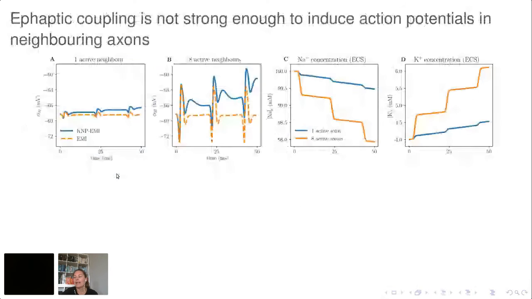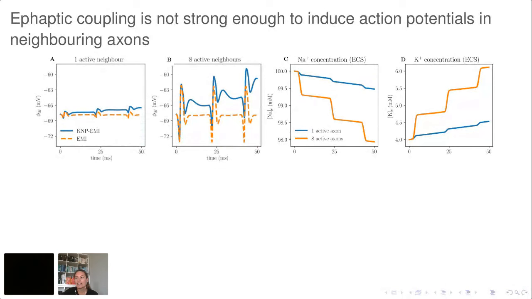And in figure A and B here, you can see the membrane potentials of passive axons with respectively 1 and 8 active neighbors. And on the y-axis, we have the membrane potential in millivolt, and on the x-axis, we have the time in milliseconds. And in figure A, you can see that with 1 active neighbor, we see a small ephaptic effect.